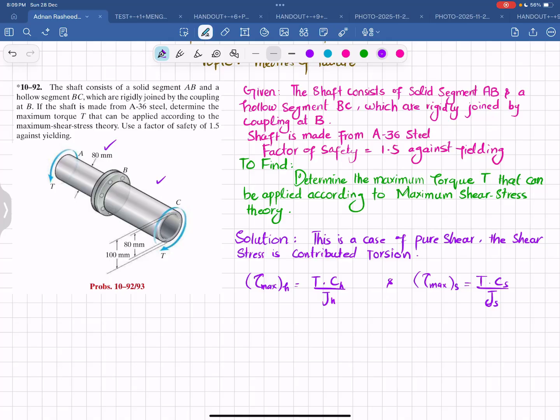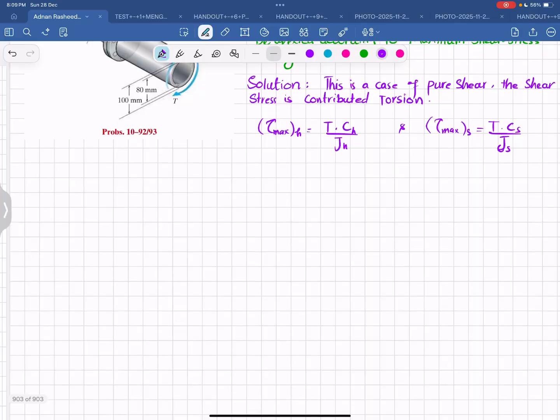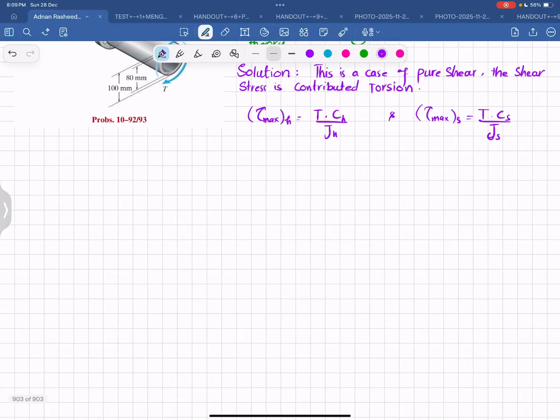So Js is the polar moment of inertia for the solid segment and Jh is the polar moment of inertia for the hollow segment. So what we will do is that we will find them.